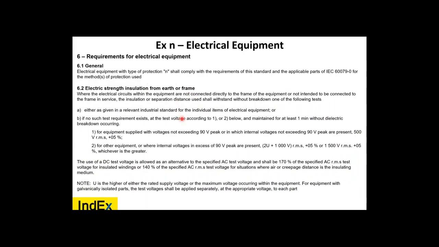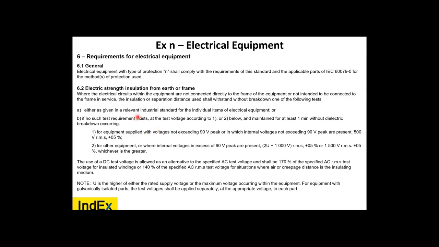Now, requirements of electrical equipment, point 6. Specifically, they shall comply with 60079-0 and they shall have dielectric strength insulation from earth or the frame of the device. So what does it say?